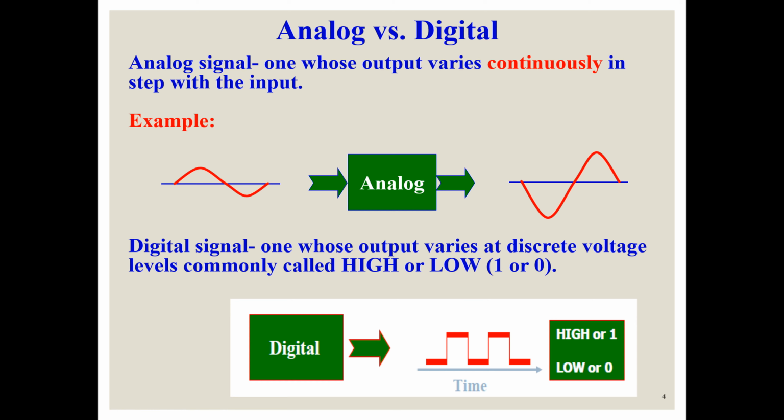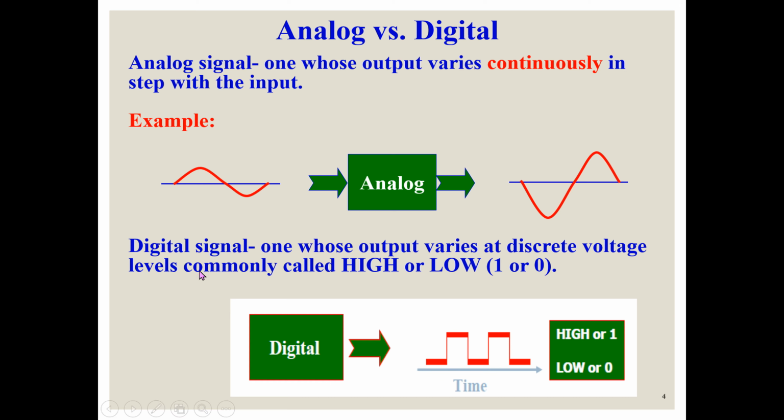High is treated as a logic 1 in digital electronics, and low is treated as a logic 0. So this is a digital signal, this is a logic 0 and this is a logic 1. Your signal will be either in the logic high state or in the logic 0 state.